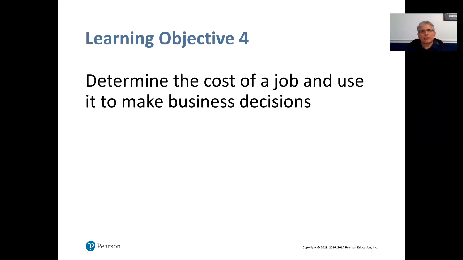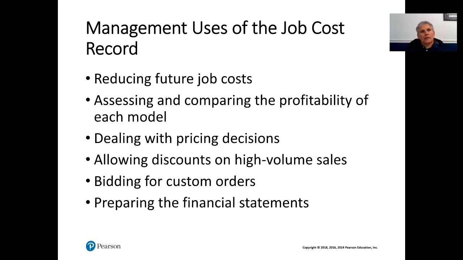Objective number 4, determine the cost of a job and use it to make business decisions. All right, so management will use the job cost record to make quite a few decisions, including how do we reduce future job costs?